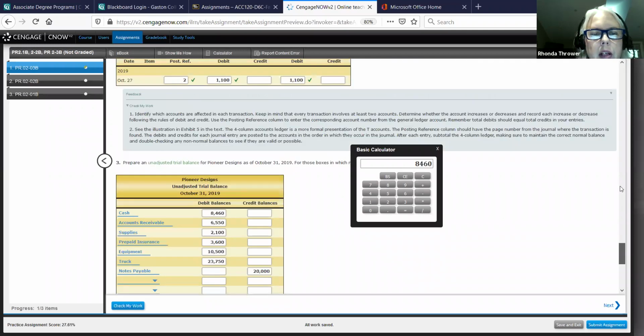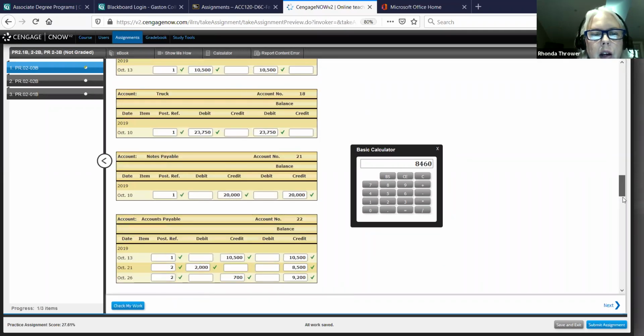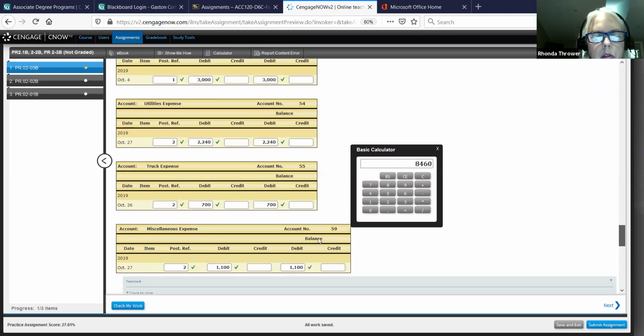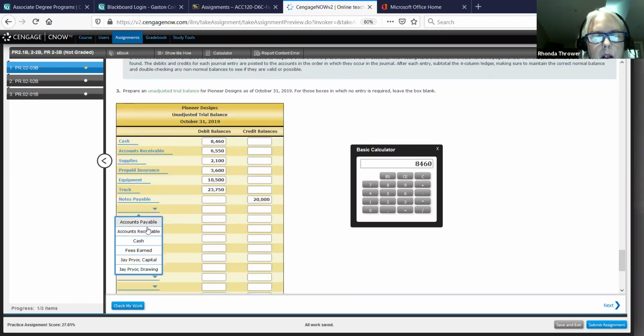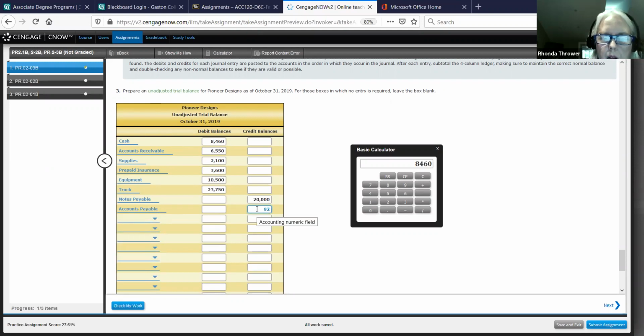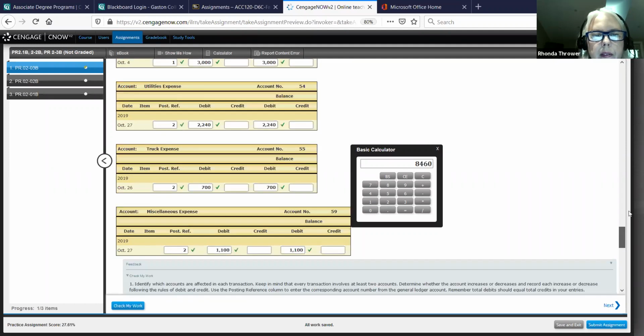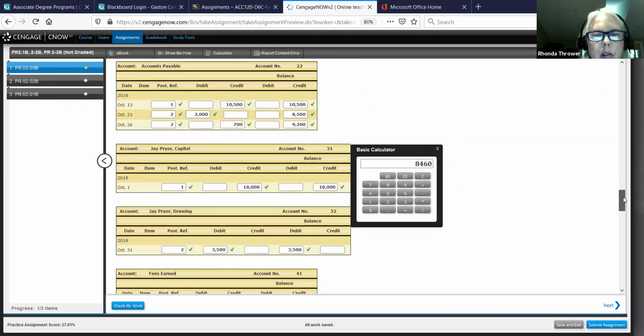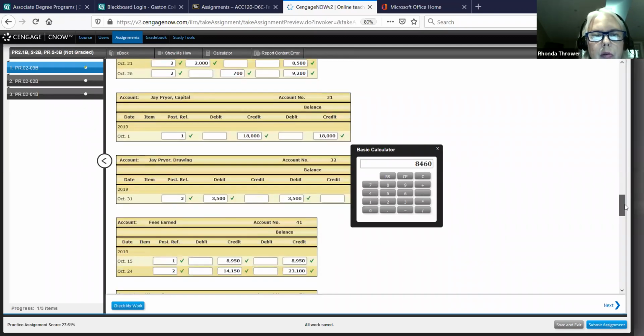Look for your next account, which is accounts payable. It has a credit balance of $9,200. The next account is capital.